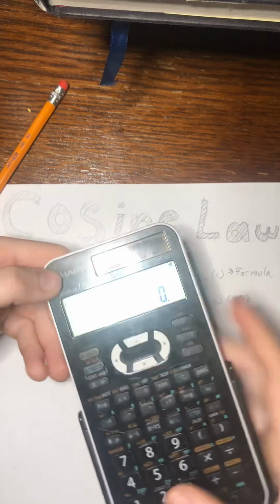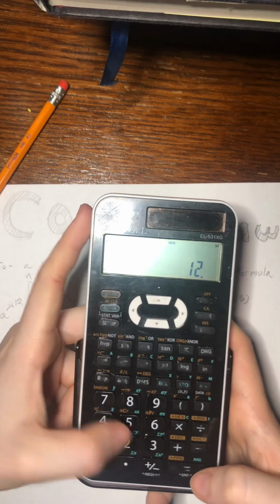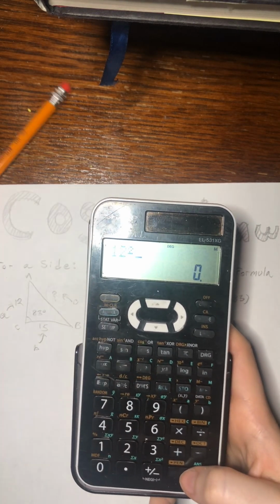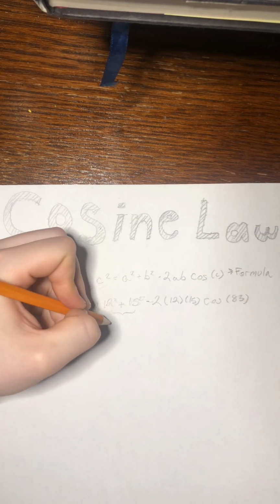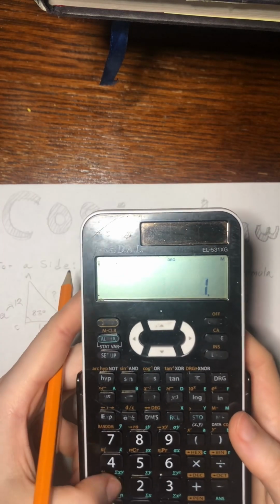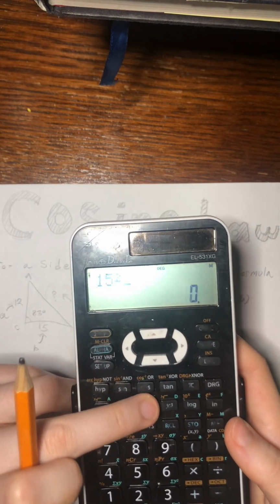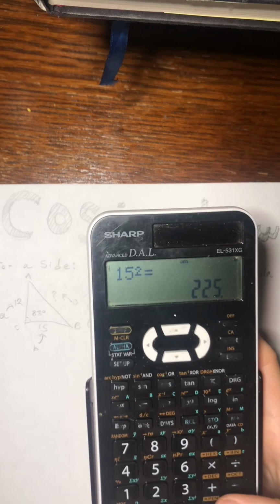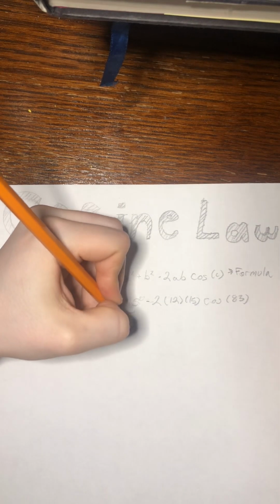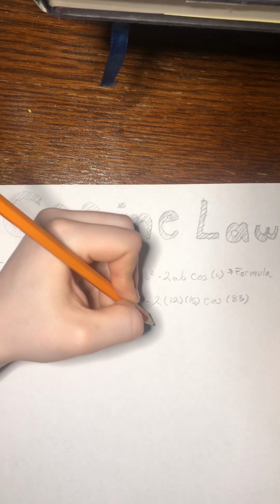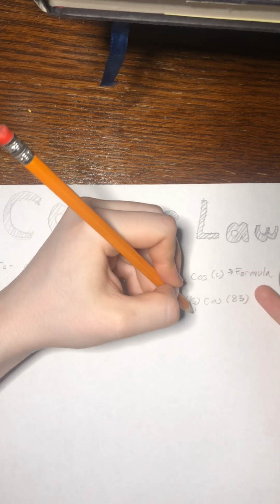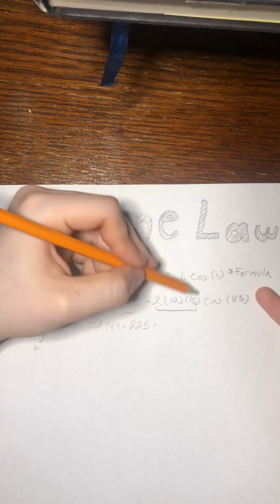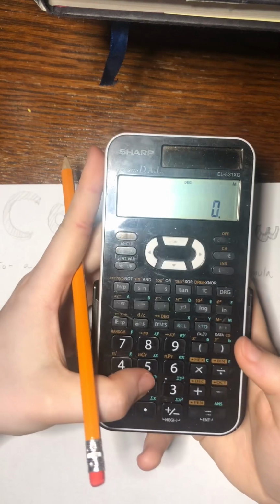Using your calculator, you would write 12 to the power of 2, and you see that it's 144. So we'd write 144 plus our second number, 15 to the power of 2, which is 225. Then minus, and we break this part up. We add this all together as one giant clump.